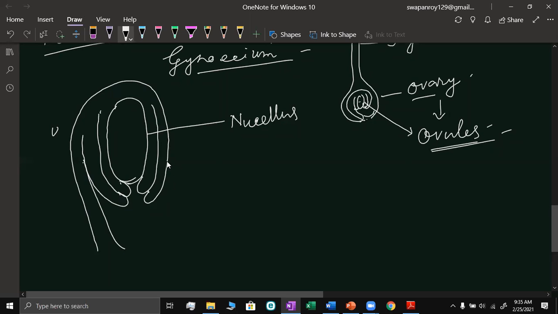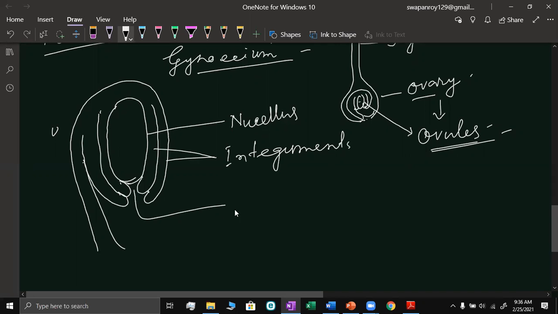These are integuments, outer integument and inner integument. And of course this nucellus is covered from all sides, but leaving a small opening.